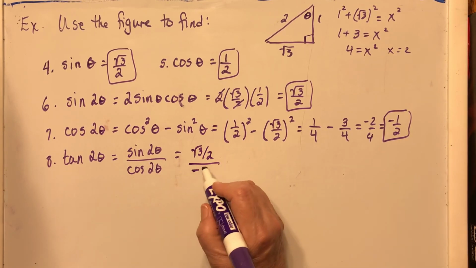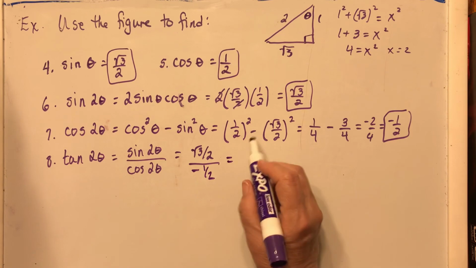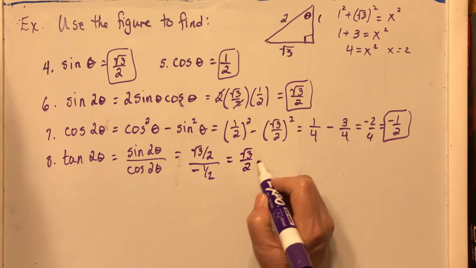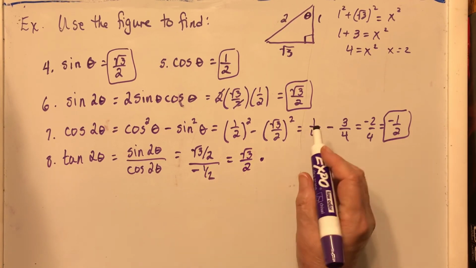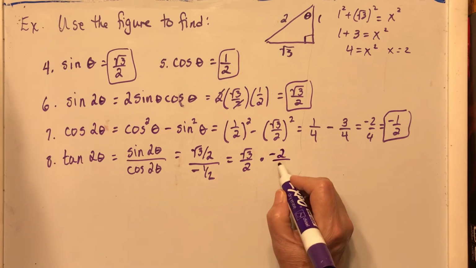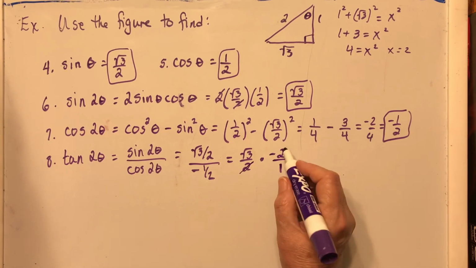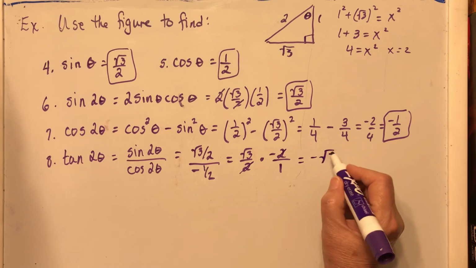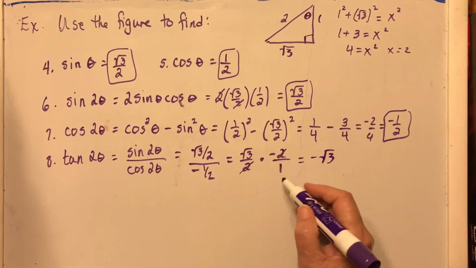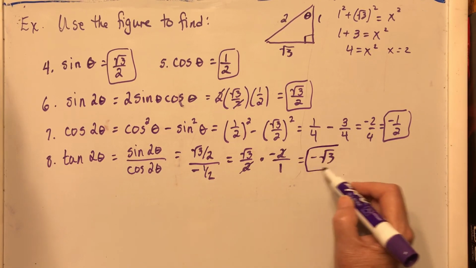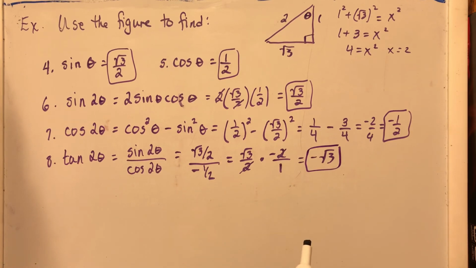Cosine was negative 1 over 2. So that's the square root of 3 over 2 times the reciprocal of negative 1 over 2, which is going to be negative 2 over 1. So ultimately that gives us the negative square root of 3 over 1, but we don't need to write over 1. All right, so that's all the examples you need for your homework.